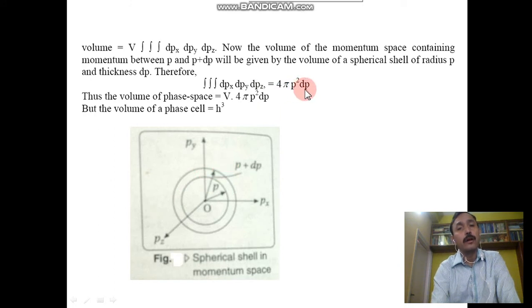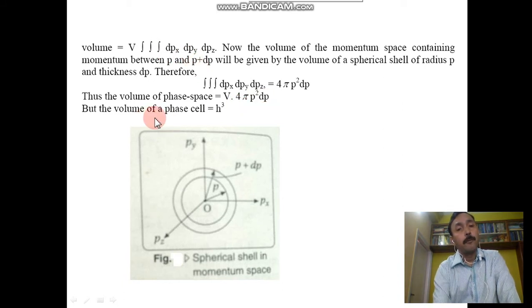So 4 pi p square dp is the volume of this spherical shell having width dp. Thus the volume of phase space becomes V times 4 pi p square dp.